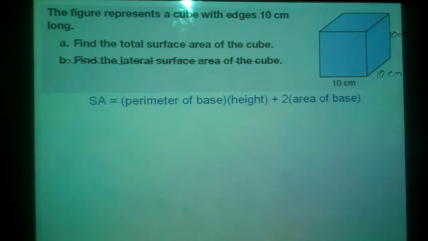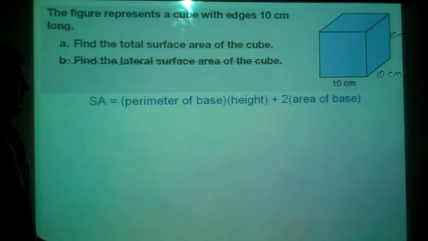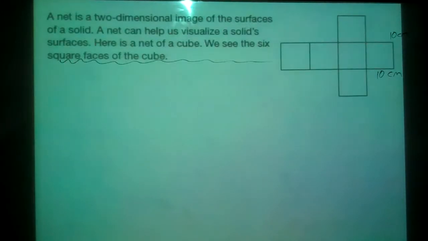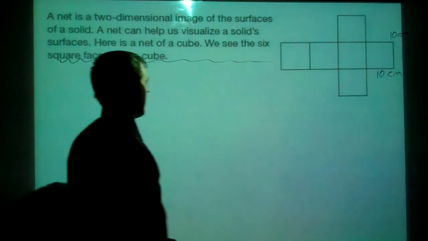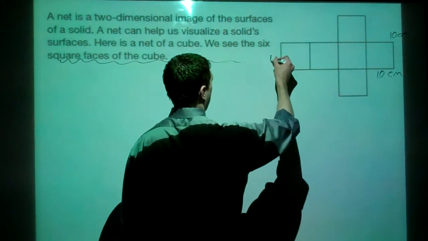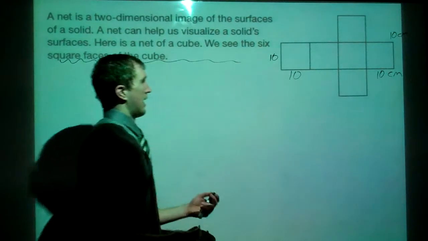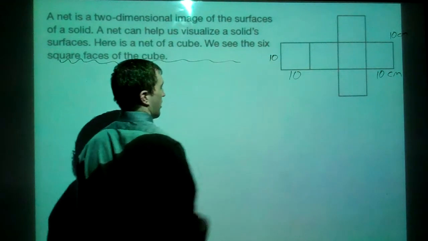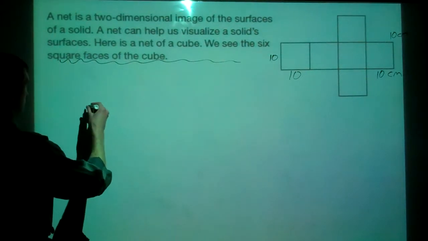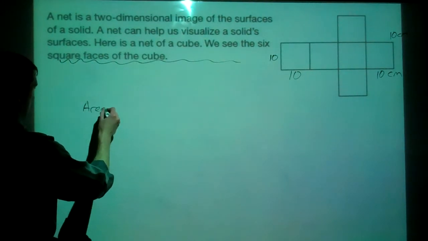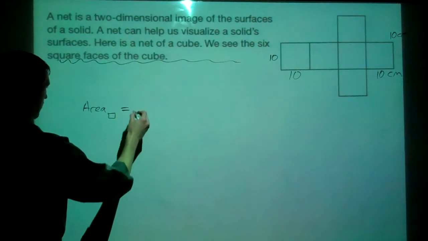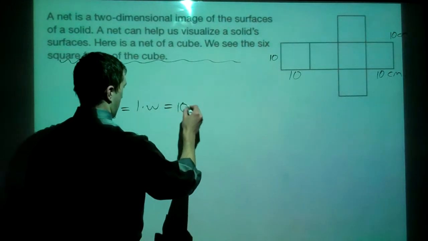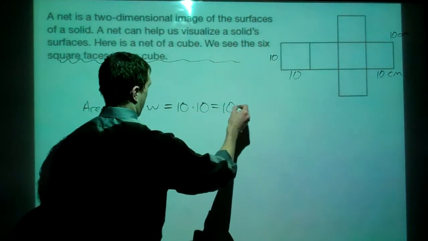So, what we could do is first, let's just take one of our sides. If we want to do this the net way, let's go back and take a look at it. I know that this is a 10 by 10 square, and if we multiply 10 times 10, because that's the area of a square, or a rectangle, length times width, well, 10 times 10 gets us 100.